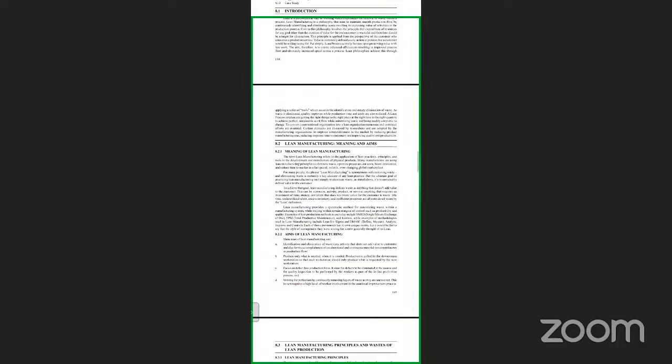The meaning of lean manufacturing actually refers to the application of lean practices, principles and tools for development and manufacture of physical products. Many manufacturers are using lean manufacturing. Why?